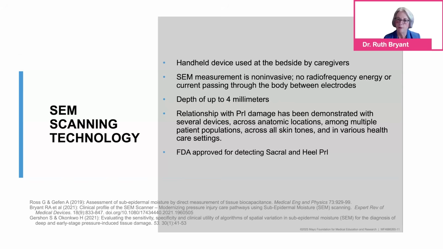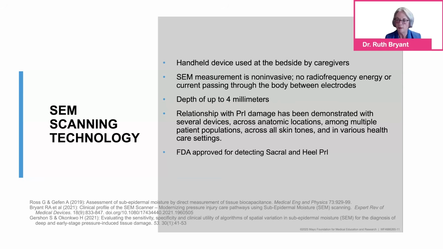And the relationship with pressure injury damage has been demonstrated with several types of subepidermal moisture monitoring devices across anatomic locations, among multiple patient populations, across all skin tones, and in various healthcare settings. And we've had consistent findings with all those variables. The FDA has approved this device for detection of sacral and heel pressure injuries.